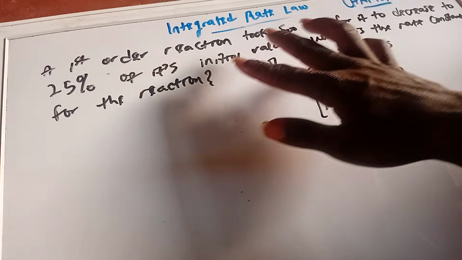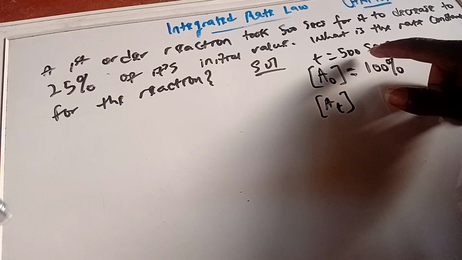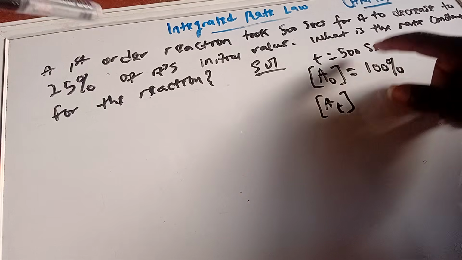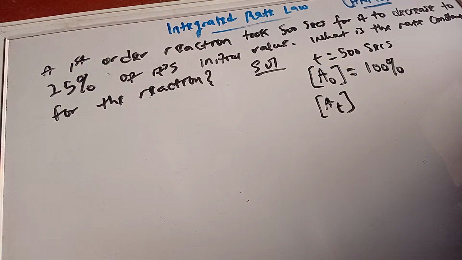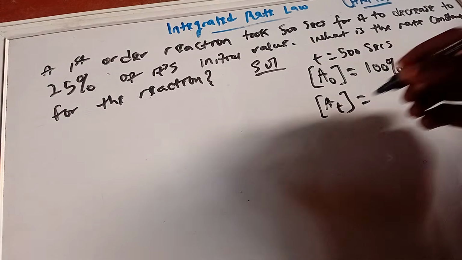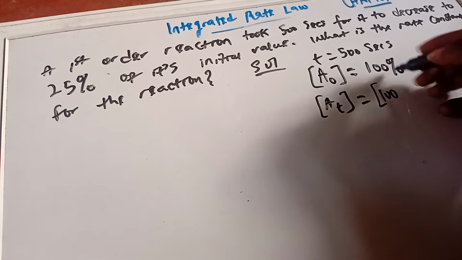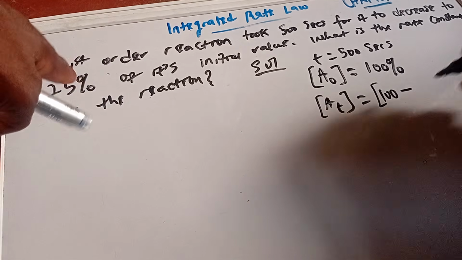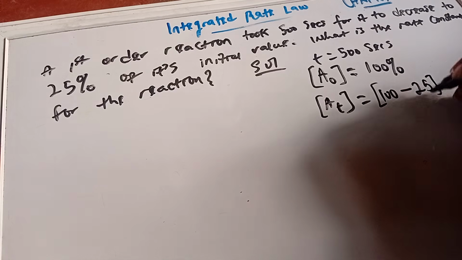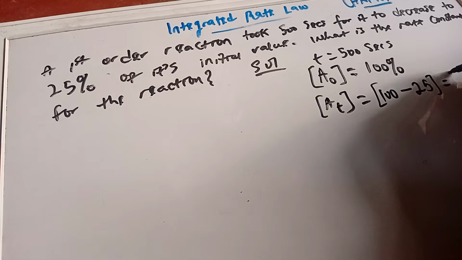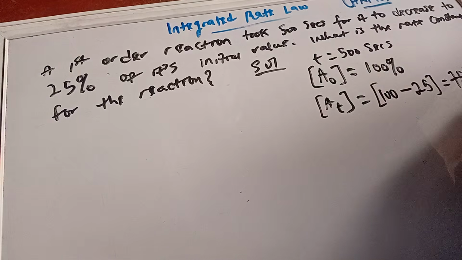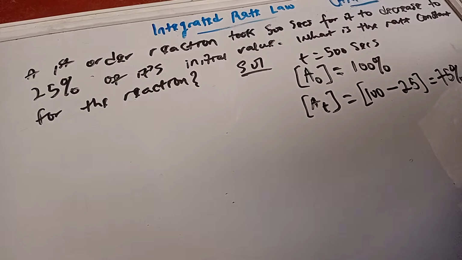So when the reaction took place, it decreases to 25% of this. How to find that concentration at a particular time? It is going to be 100, the initial one, minus the one it decreased to. 100 minus 25, which is 75%.